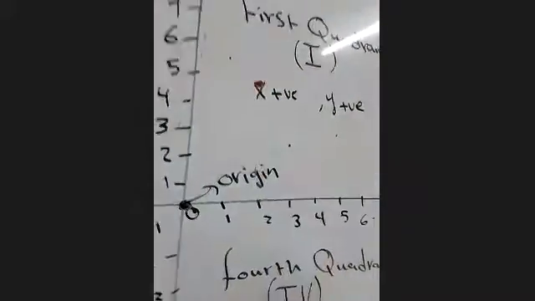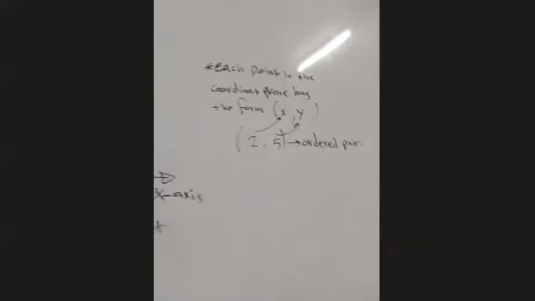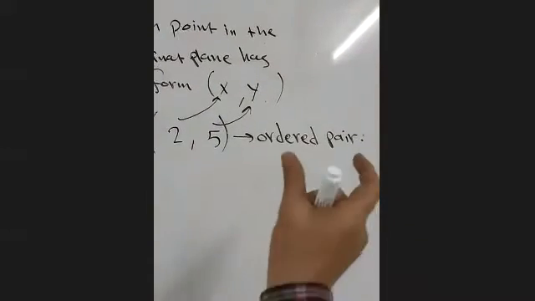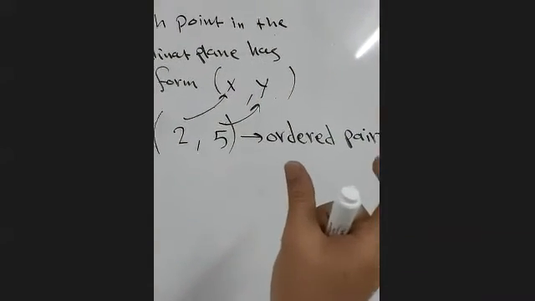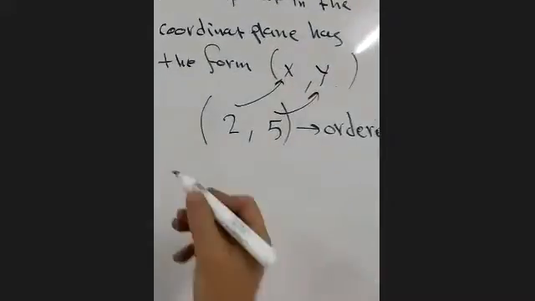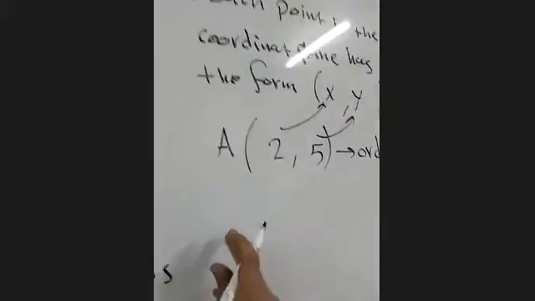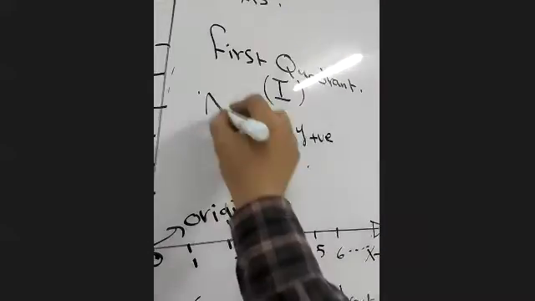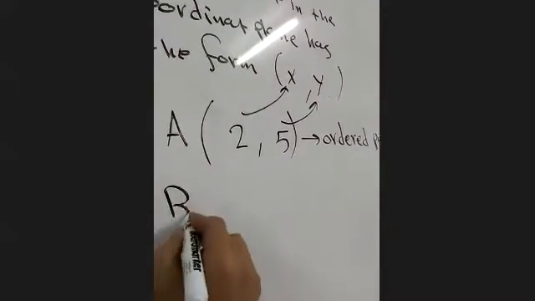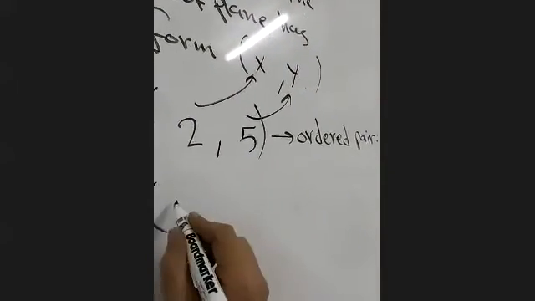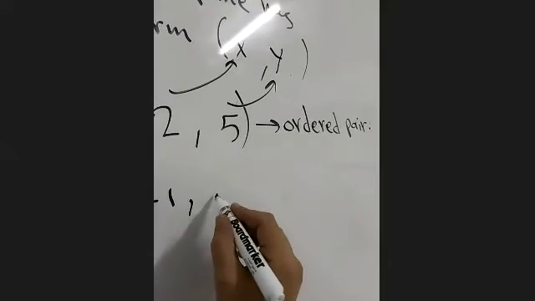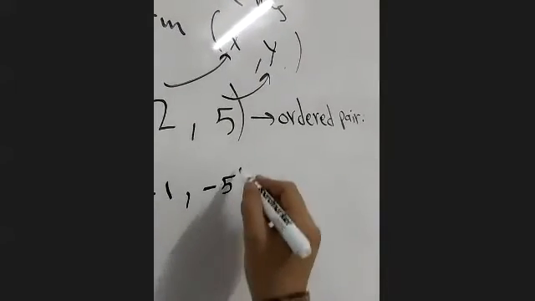Okay, guys? For example, if we have this ordered pair, again, what do we call it? We call it an ordered pair. We can name it with a letter A, and A is here. Now, for example, if I want to plot B, which is -1 and -5.